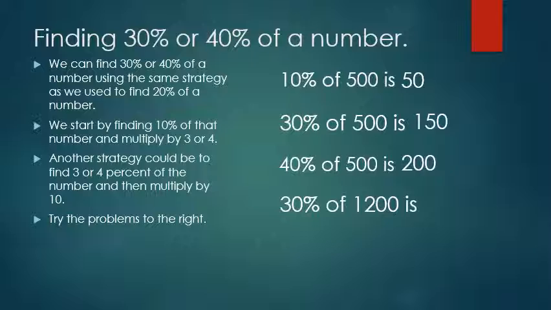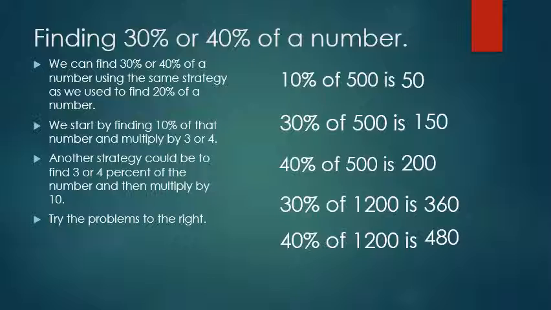We multiply that by 10 and we know that 30% of 1200 would be 360. 40% of 1200, well, we know from the 3 and 4% section that 4% of 1200 was 48. We multiply that by 10. 40% of 1200 is 480.